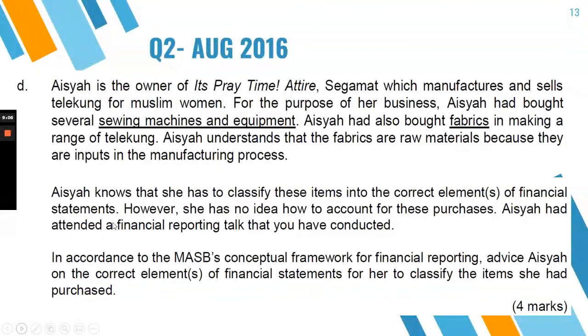The last question is about Aisha. It's a scenario-based question. Aisha is the owner. So you have this girl named Aisha. She is the owner of the Playtime attire in Segamat, and Aisha manufactures and sells telekung for Muslim women.